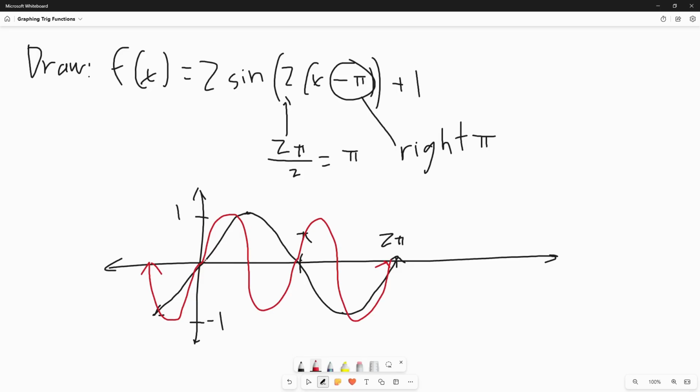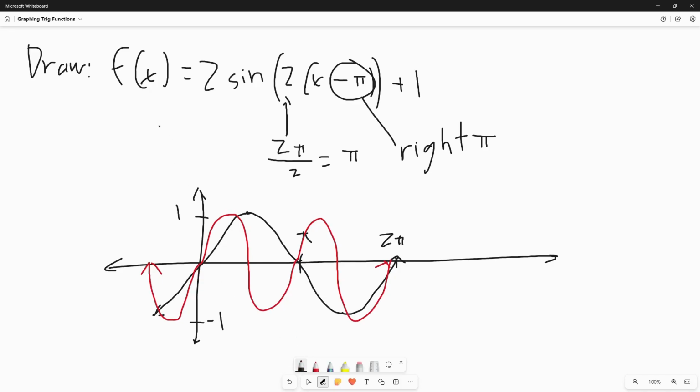Because if you just think about it, this gets moved to here. Oh, the point's already there. This gets moved to here. Point's already there. This gets moved to here. Every point that should go somewhere is already there. So it stays the same.